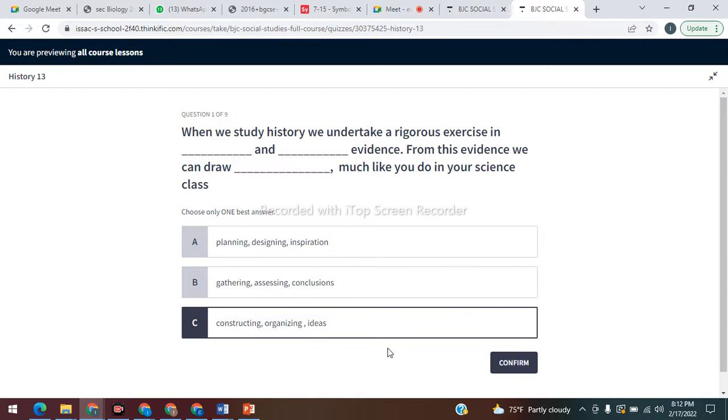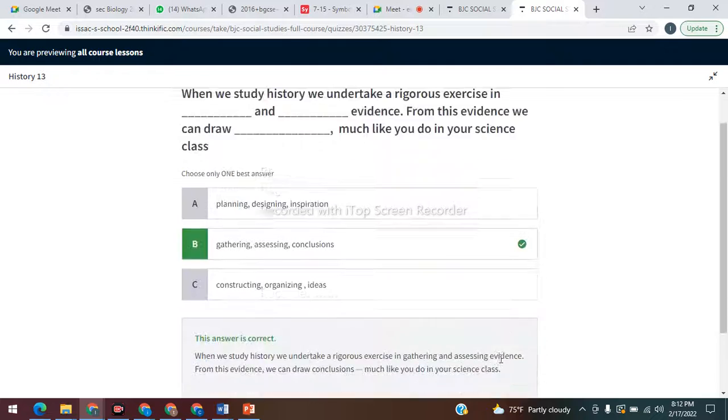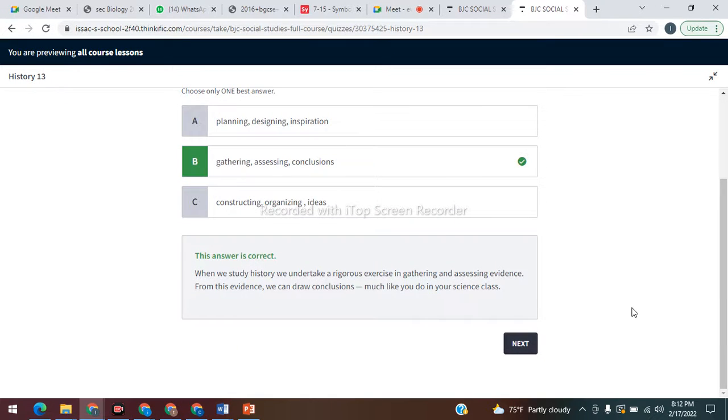Destiny said B. I think B too. So y'all could go B, but let's go with B. Well, look at that. Switch my whole answer for nothing. You know what I think first, that's what I go with.